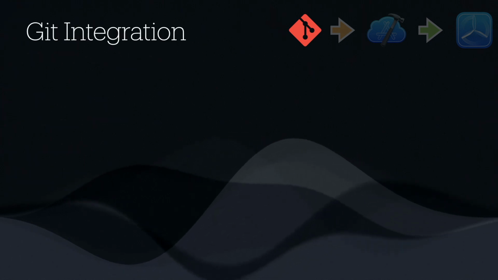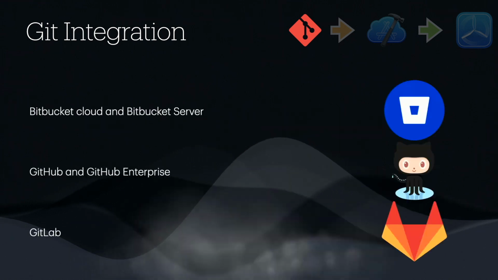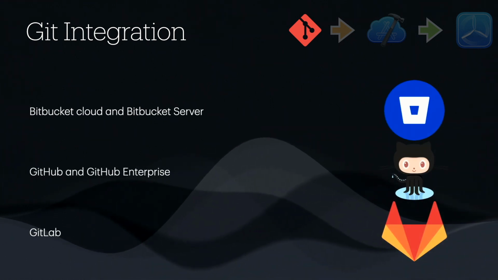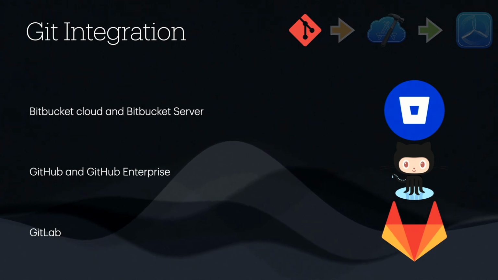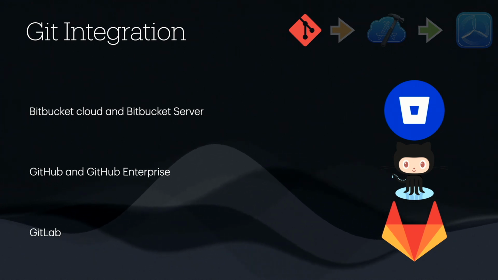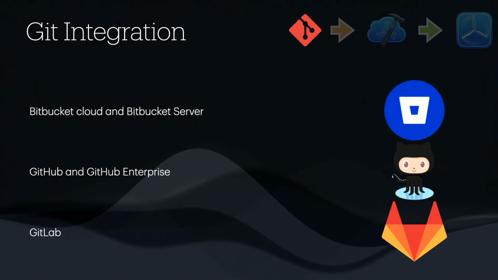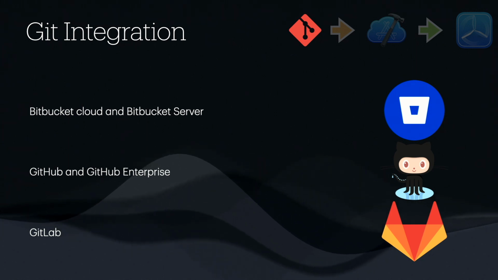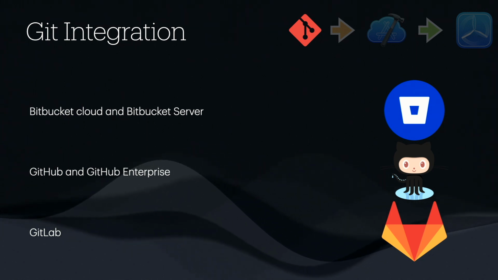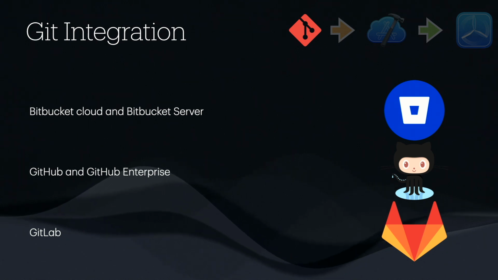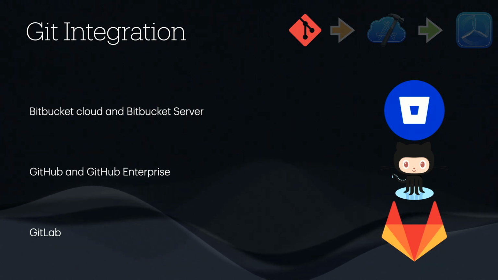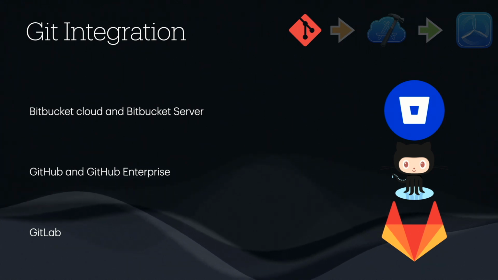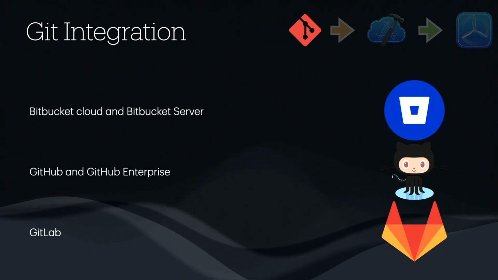Git integration wise, it supports Bitbucket, Bitbucket Server, GitHub, GitHub Enterprise, and GitLab. It's worth mentioning, it doesn't support Azure DevOps if you use that. It doesn't support Mercurial, doesn't support SVN. Big whoop. I don't know what you want to think of that, but yeah. I'm sure most people use one of these, so it's 5 or 3, however you want to count it.